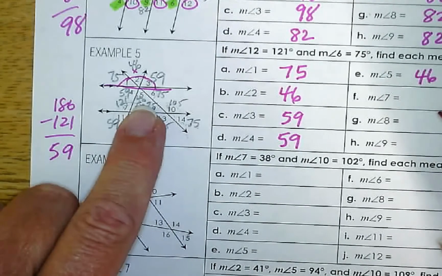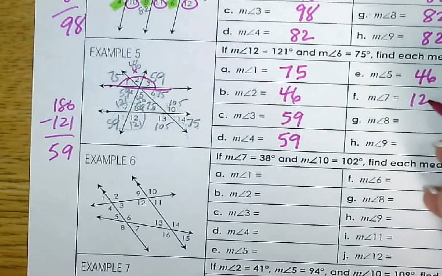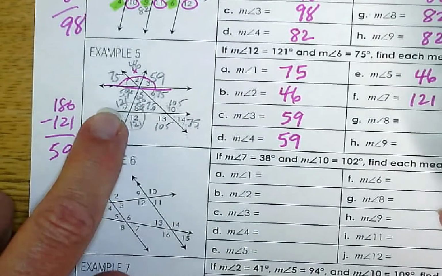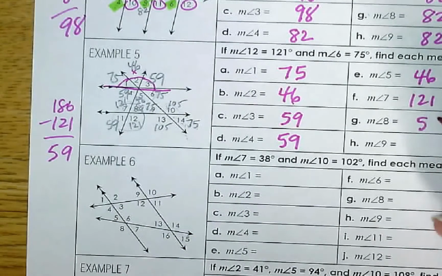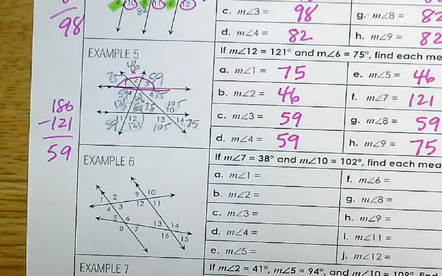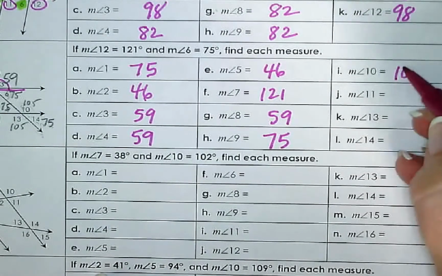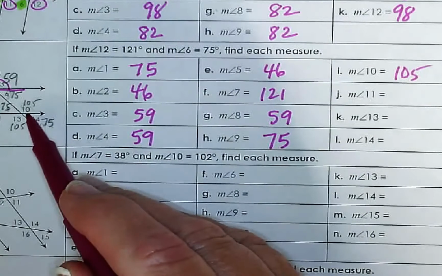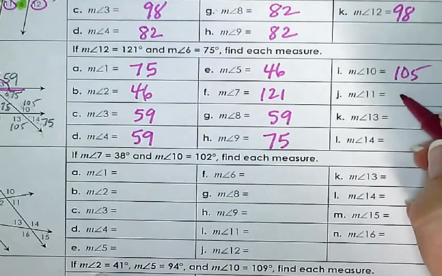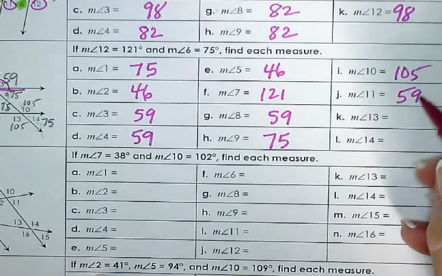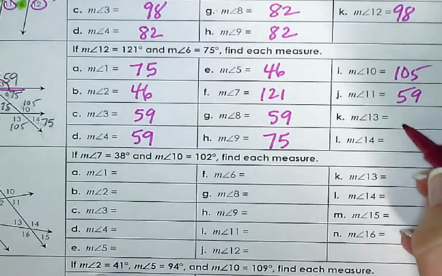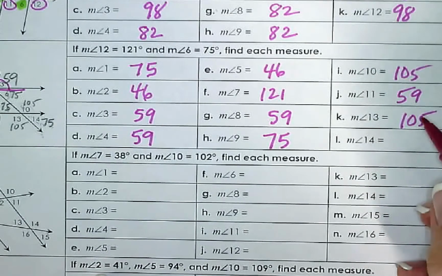Angle 7 is 121. Right there. Then we got a 59 for angle 8. And a 75. Scoot this over. Angle 10 will be 105. If you look over in our picture, that's what it says, right? 105. Angle 11 is 59. Angle 13 is 105. And the last one is going to be 75.